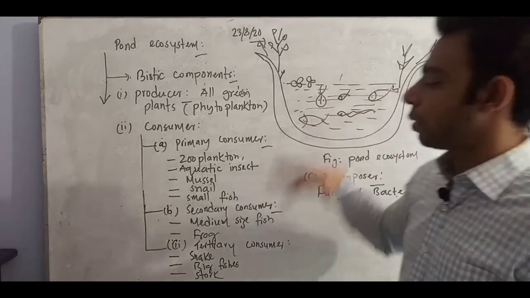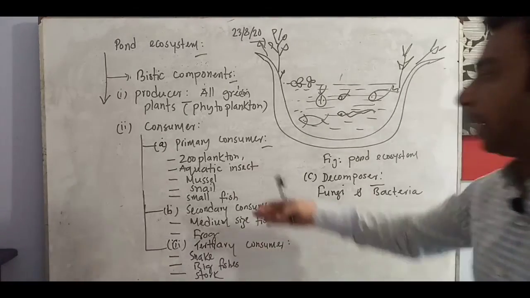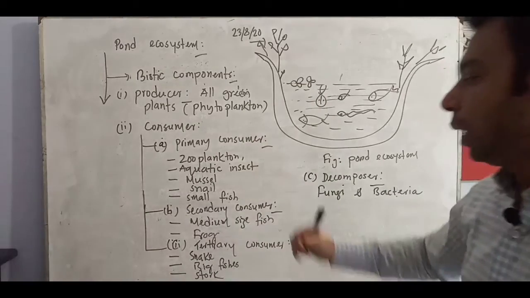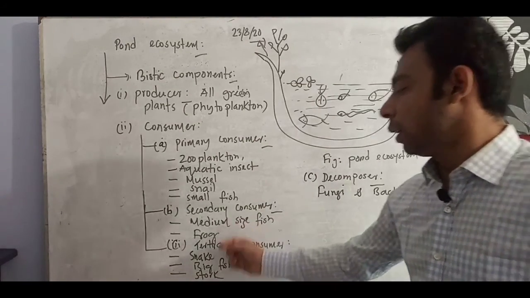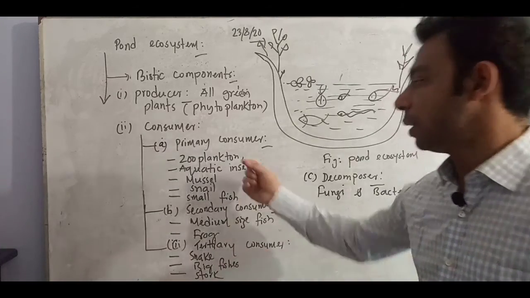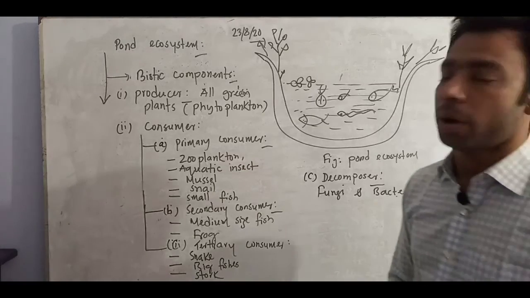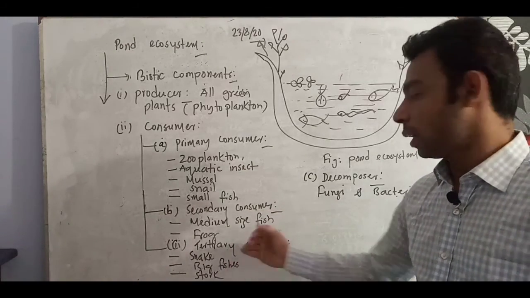This is the pond ecosystem figure we have seen. Secondary consumers, medium-sized fish and frog, directly depend on the primary consumer. And for tertiary consumers we can give these examples: they directly depend on the secondary consumer. So snake, big fish, and stork are examples of them.